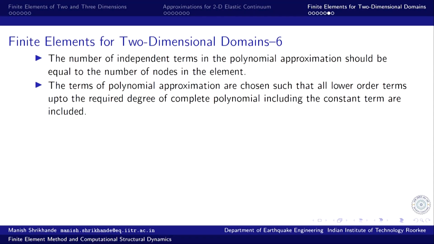So, the terms of the polynomial approximation should be chosen such that all lower order terms up to the required degree of complete polynomial, including the constant term, are included. So, all lower order terms. If I want to include second degree complete, because the rate of convergence would be defined by the degree of the complete polynomial in the approximate solution that we are constructing.